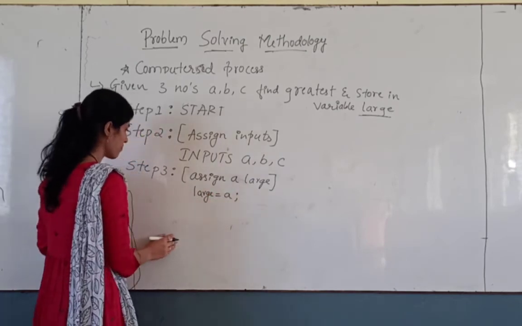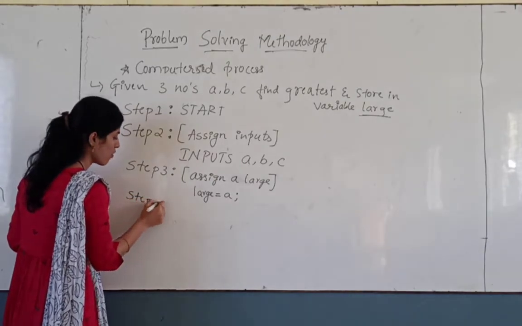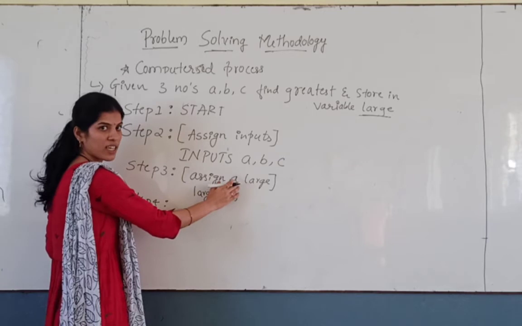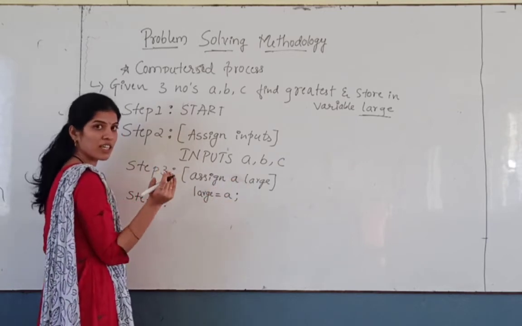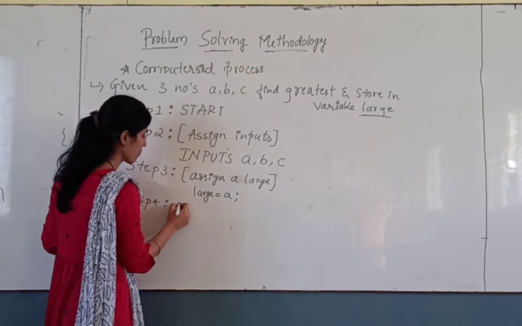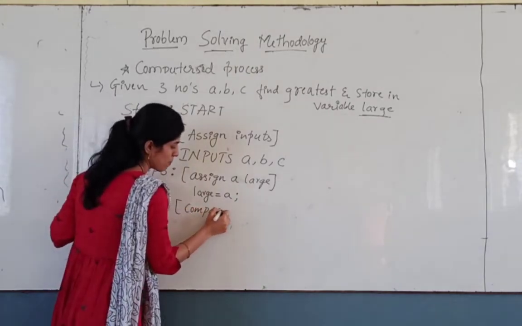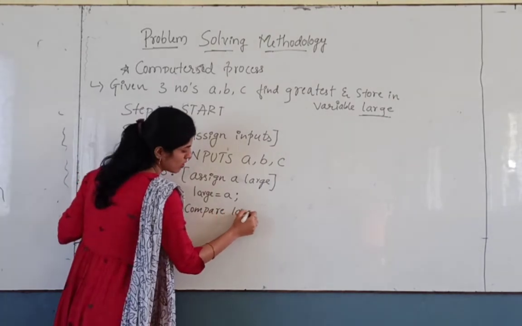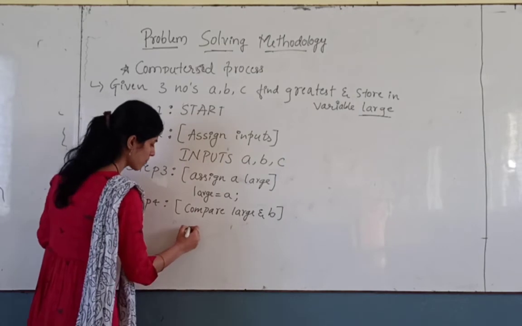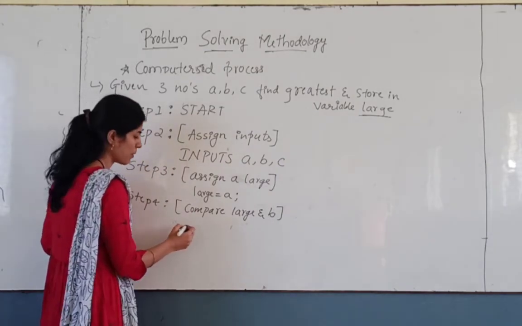Okay, next step 4. First you assign large as a, next you check it against b and c. So now compare large and b. Here we use an if condition statement.